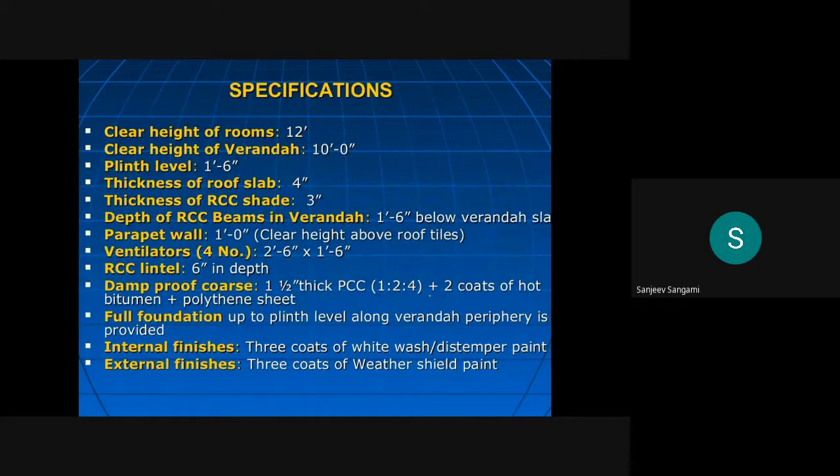Clear height of the rooms is 12 feet. Clear height of the veranda is 10 feet 0 inches. Plinth level is 1 foot 6 inches. The thickness of the roof slab is 4 inches. Then the thickness of the RCC shed, depth of RCC beams in the veranda, the parapet wall, the ventilators, RCC lintel, damp-proof course, internal finishes, external finishes.